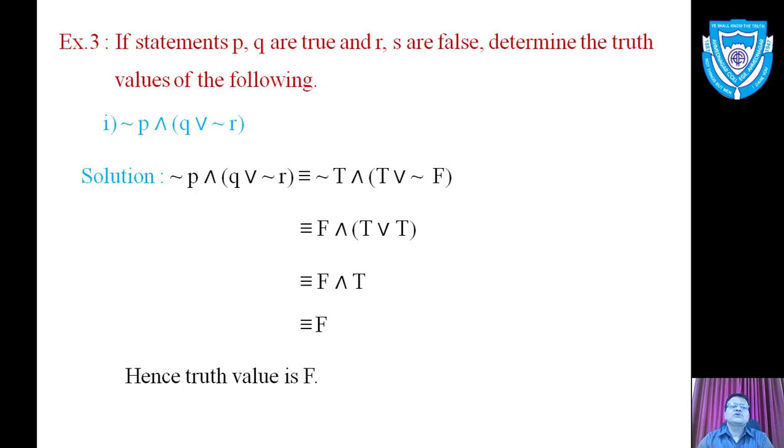The next example says: if statements P and Q are true, and R and S are false, determine the truth values of the following.